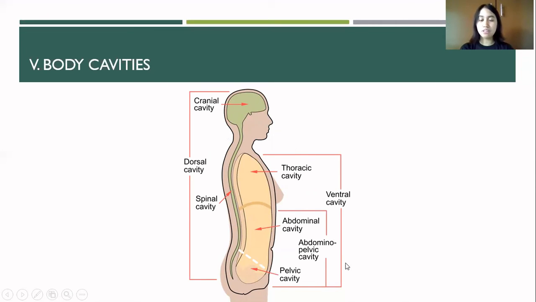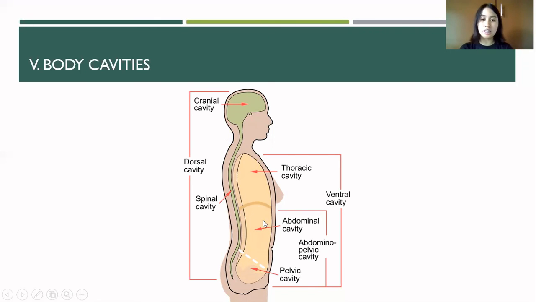For the ventral, we have three types of cavities, but two of them are under the abdominopelvic cavity. First we have the thoracic cavity right on the chest, and the abdominopelvic cavity, called that because it combines the abdominal cavity and the pelvic cavity.